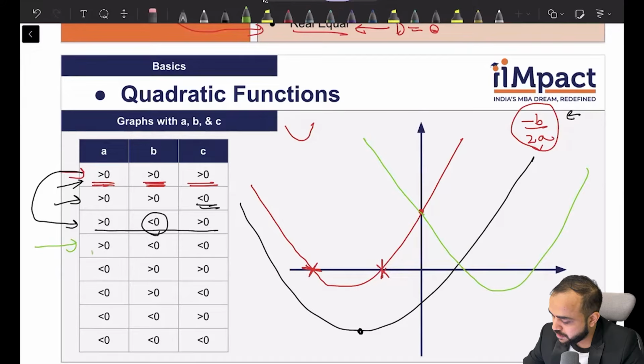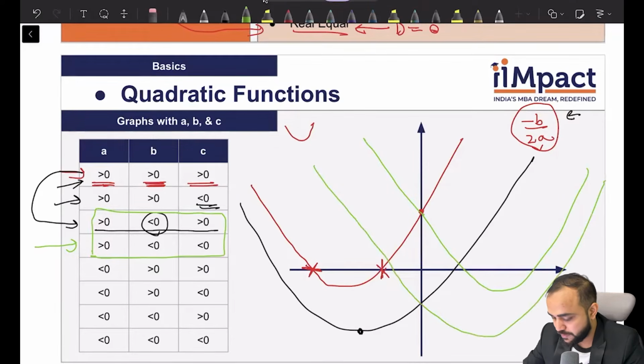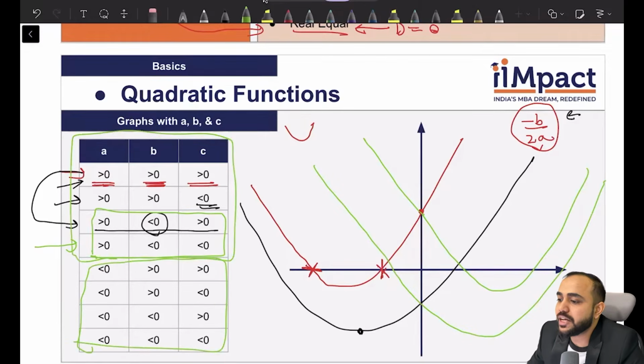Graph for the fourth one. Now between third and fourth, what has changed? Only the C value has changed. So now it is going to be something like this. Correct? Now the remaining four cases are these exact same four cases just inverted, because A is less than 0 for all of the remaining four cases.